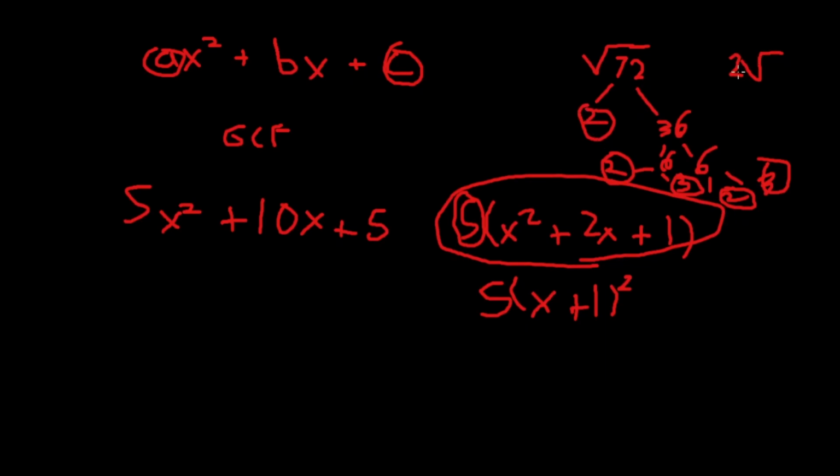But we can keep 1 2 on the outside, and that leaves 1 left over, so that goes on the inside. We have 2 3s, so those evenly go to the outside without leftovers. So writing this out would be 6 times the square root of 2, and that would be the simplified form of the square root of 72.